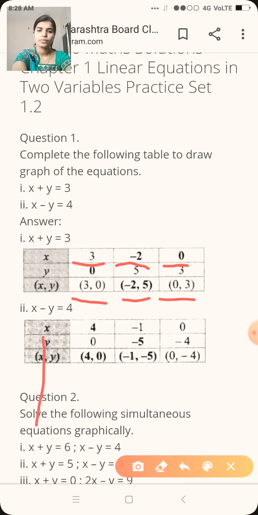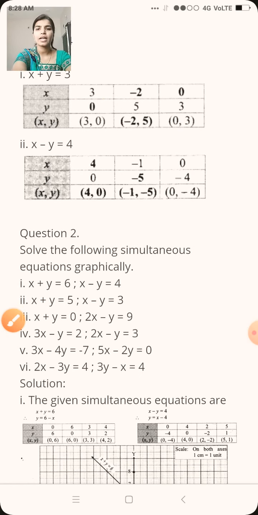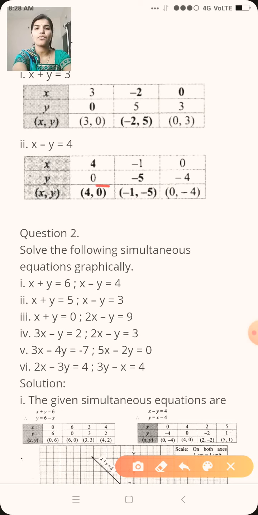Okay, so then we will see the second equation, x minus y is equals to 4. In that, if value of y is given to you 0, if the value of y is 0, then you put that value into equation, x minus y is equals to 4. So your first coordinate is 4, 0. Okay, then if the value of x is given, value of x is minus 1.